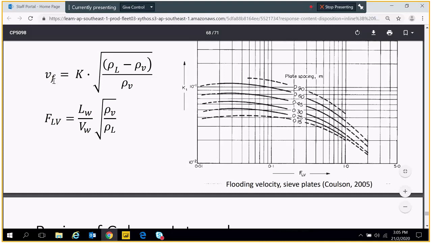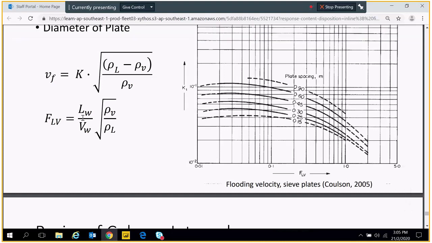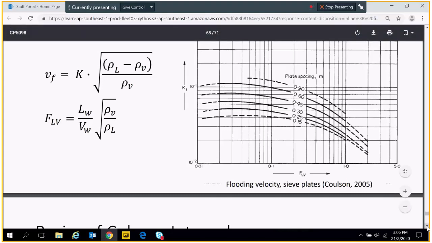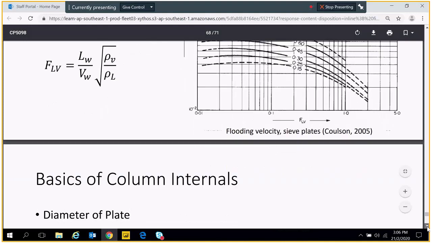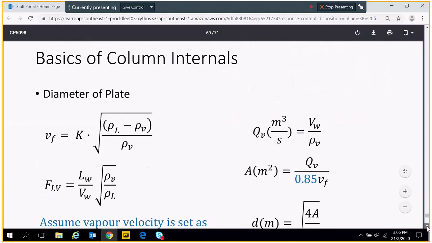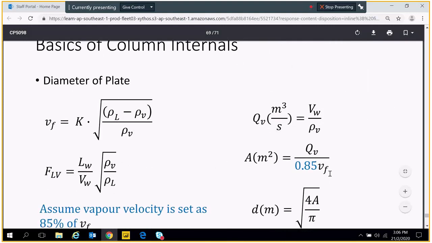Flooding velocity decreasing means that it's easier to reach. In fact, it's easier to reach the VF. And the VF is smaller.